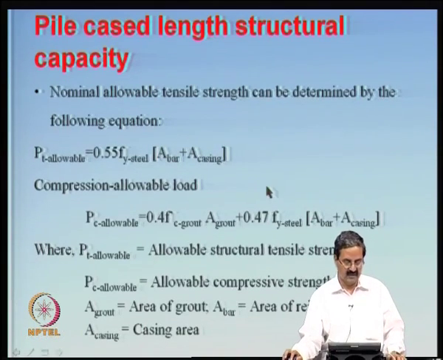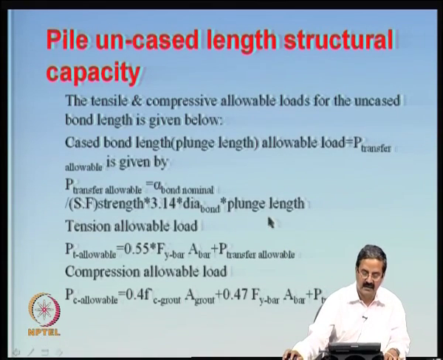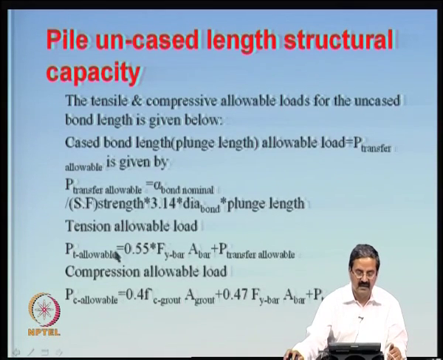So once you have this sort of information, even for uncased piles one can get some expressions like this. There are two types, one is cased, the other one is non-cased, without casing. Without casing also one can do it with simple calculations, with skin friction as the basis, as we had done here.